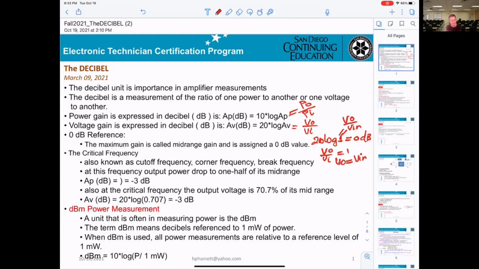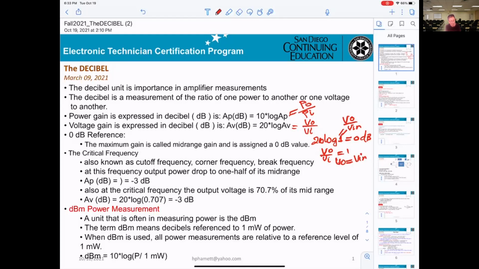If you want to get a dB, and the gain equals 0 dB, they're only telling you 0 dB means no loss. When you apply 10 volts coming in and the output is only 5 volts, you lost something.